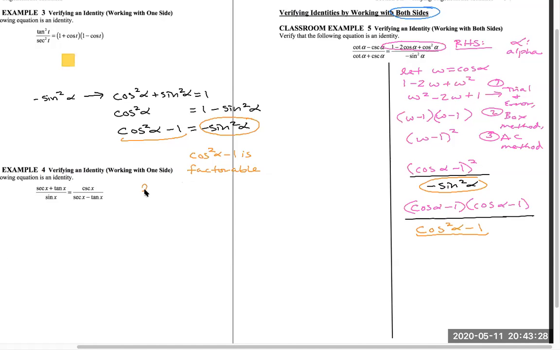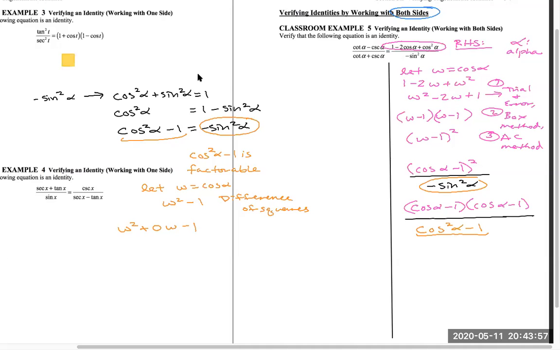Similarly, if I let W equal cosine alpha, I have W squared minus 1. This is a difference of squares, which is also factorable by these methods if you change it to W squared plus 0W minus 1.